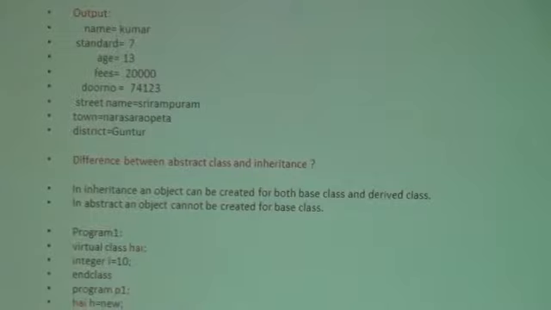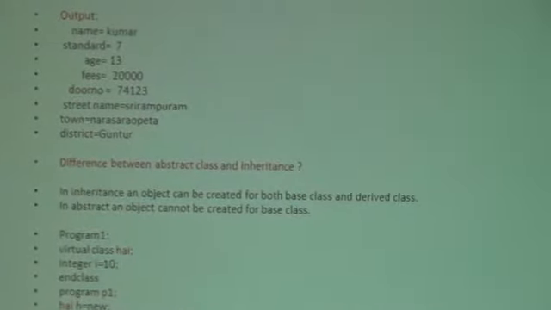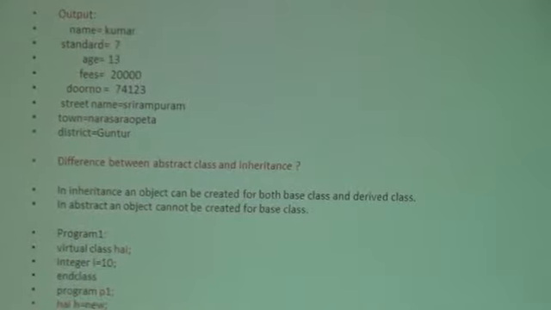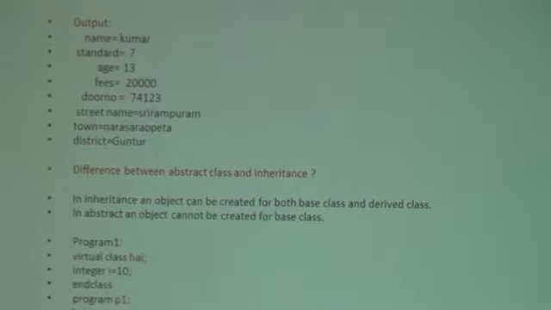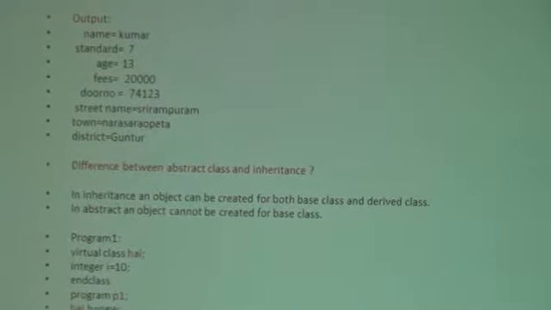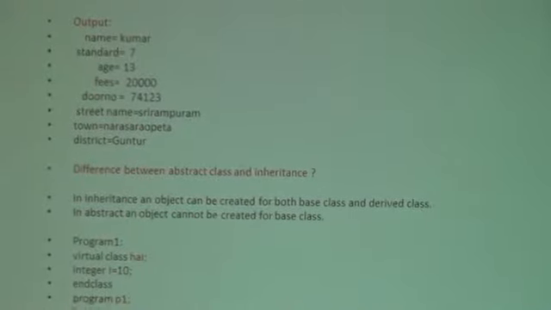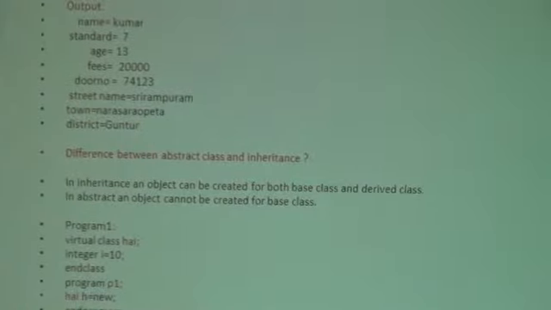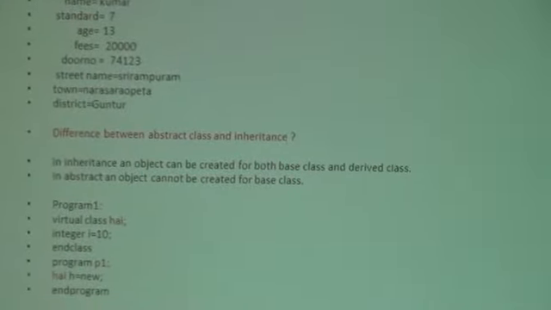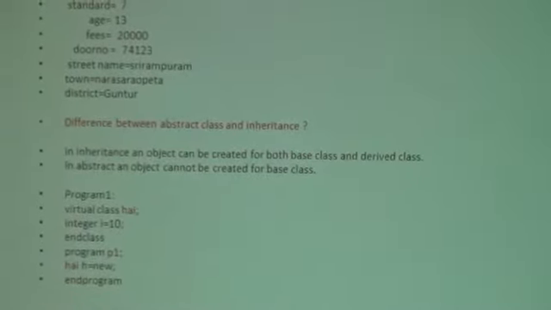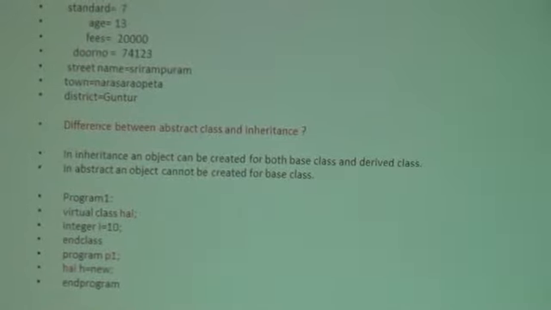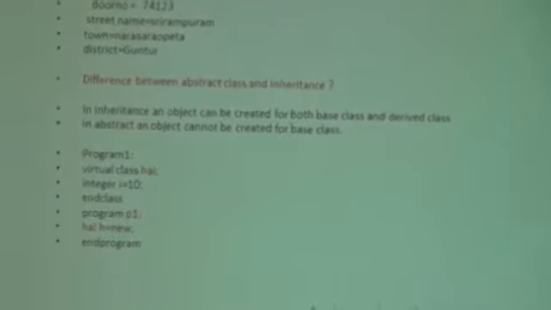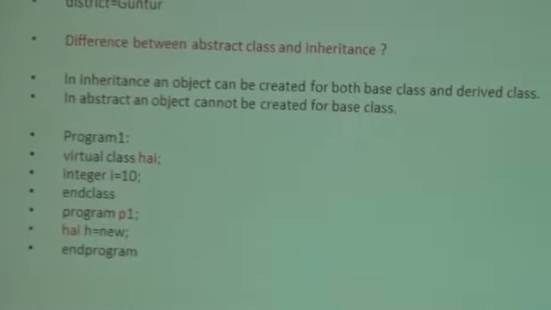The difference is, if you do not put virtual before the class and you create an object for the derived class, an object is created for the parent class simultaneously. But if you put the keyword virtual before the class, an object is not created for the parent class, that is the common characteristic class, that is the abstract class. That is the main difference. So in inheritance an object is created for both, whereas in an abstract class, even though we are doing extend, we don't create an object for the parent class.